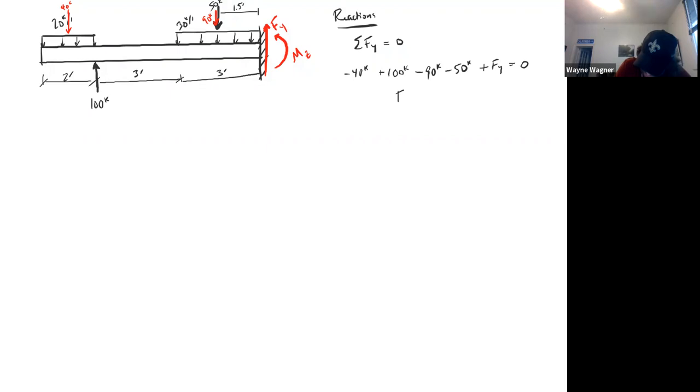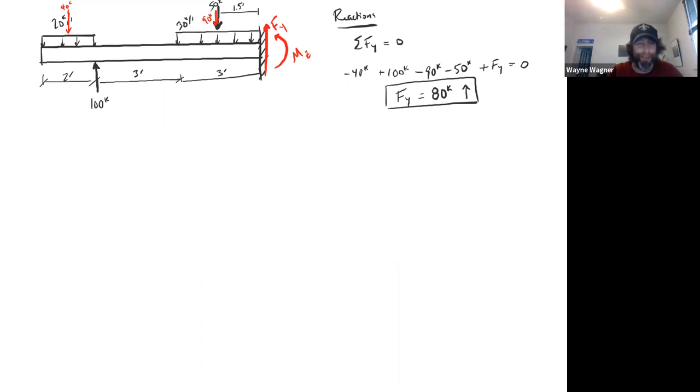So Fy will be positive. 10 minus 40 is negative 30, negative 80. So Fy is 80 kips, and that's going to be upwards. The nice thing about doing these shear moment diagrams is that you can tell if you make an error when it comes down to it.